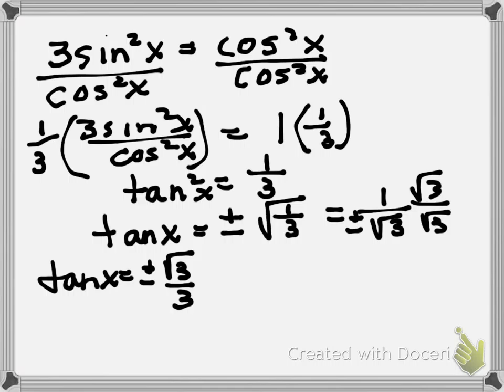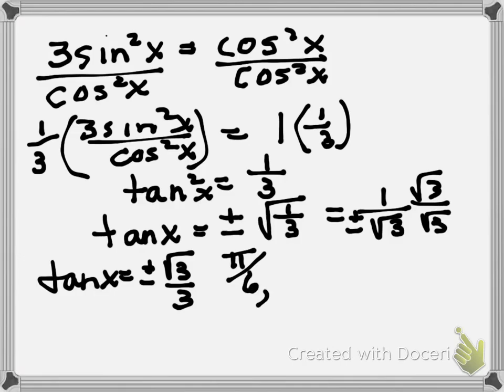What angle has as its tangent the square root of 3 over 3? 30. So 30 is the same as pi over 6.